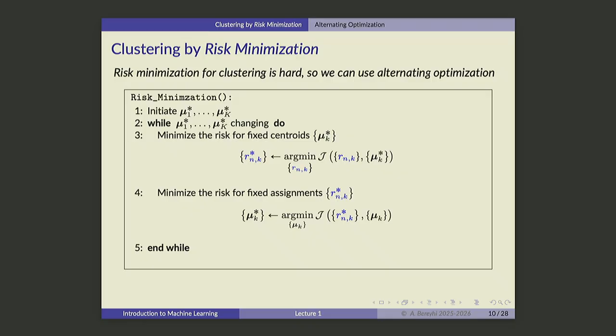Now, if your function has a single global optimum, which means that it is convex, then doing this, you're going to end up there. That's okay. But the problem is that usually this function is not that one, and it's going to look like this. It might be that you do not end up with the best choice of R and mu, but one of them which is locally optimum, right?